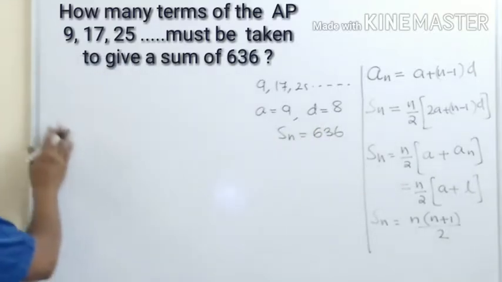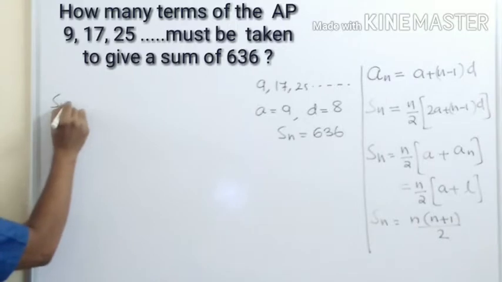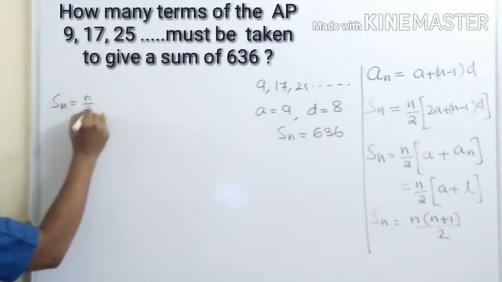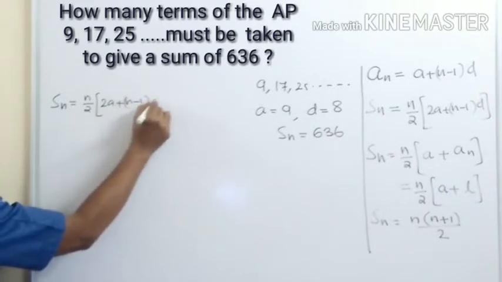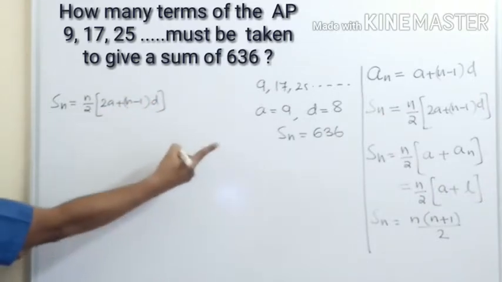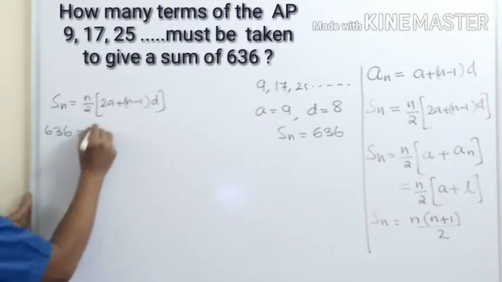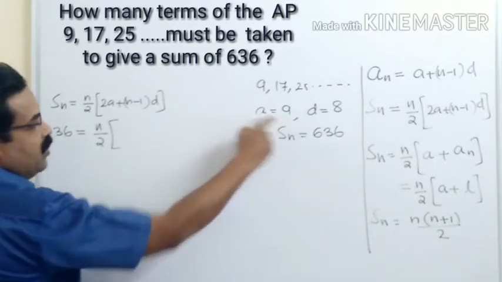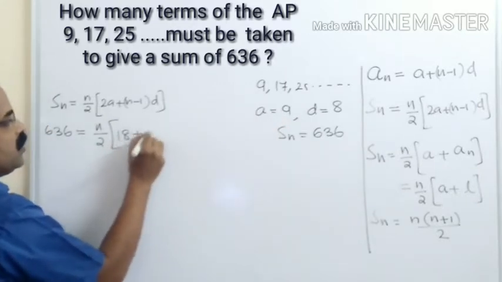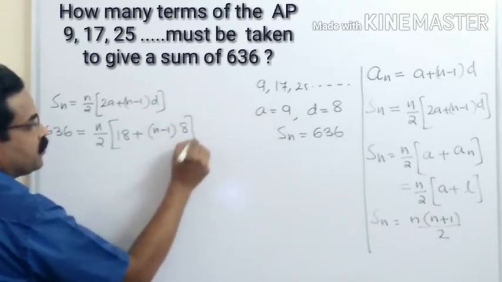Using this information, let us apply the formula. What is the formula we have? Sn is equal to n by 2 into (2a plus (n minus 1) into d). Sn is given as 636. So 636 is equal to n by 2 into (2 into 9, that is 18, plus (n minus 1) into d, where d is 8).